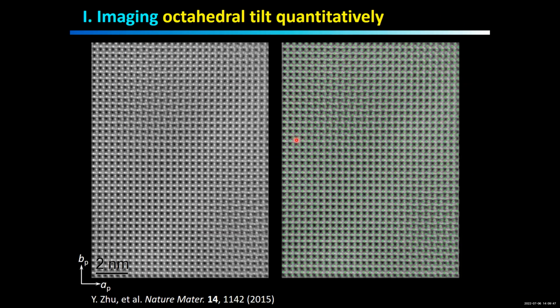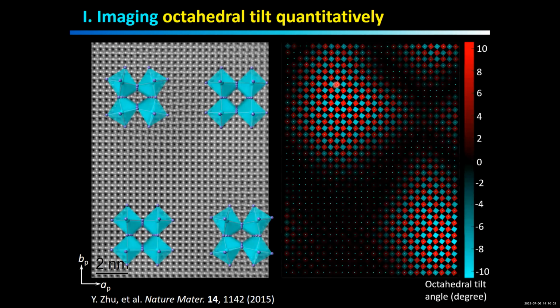With the sub-angstrom resolution in our image, we can precisely measure the position of each oxygen column as indicated by these green dots. If we connect these dots to form the octahedral network, we can see the octahedra are tilted in this region. We can use different colors to indicate different tilting direction and magnitude, as indicated by the red and cyan colors here.